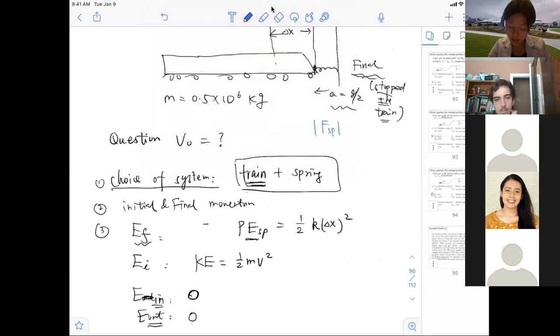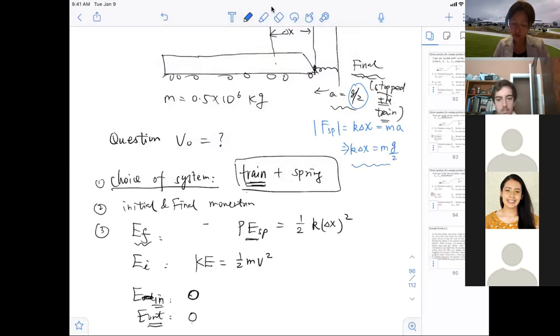I know that the force it provides is k delta x. And this force, according to Newton's second law, is equal to mass times acceleration, and the acceleration is given. So I know that k delta x is equal to m times g over 2.